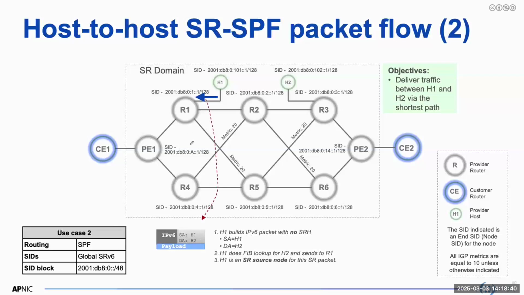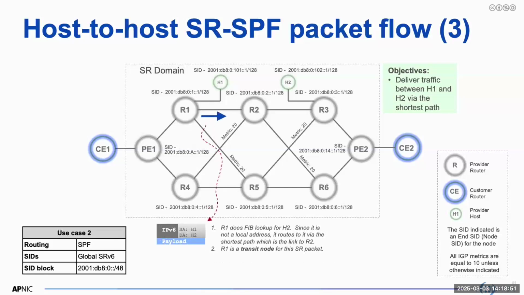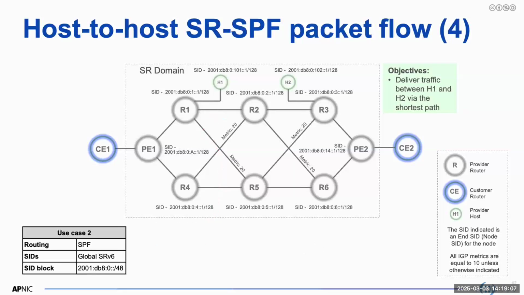When the packet reaches R1, it will do normal processing and look up the destination address and forward to R2, because the destination address is not its own local address and there is no SRH. So it just needs to do the forwarding based on the shortest path.